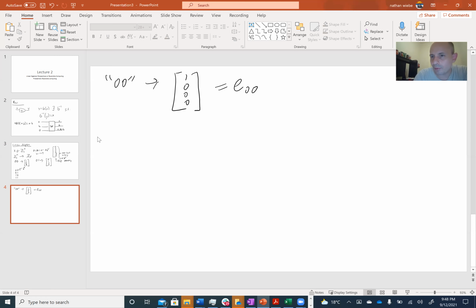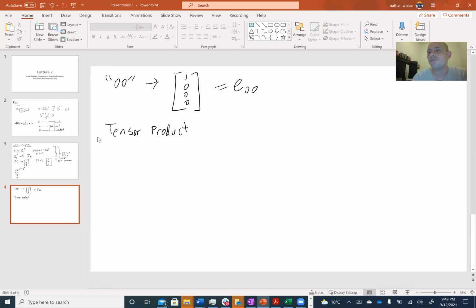But another way we can deal with this is to deal with the properties of a special type of product. And this special product is known as the tensor product. Now, technically speaking, the tensor product is a product on linear operators. But here, the way I'm going to be describing it is technically the way that one would think about the Kronecker product, which is defined on matrices, which are, of course, just a representation of those linear operators.